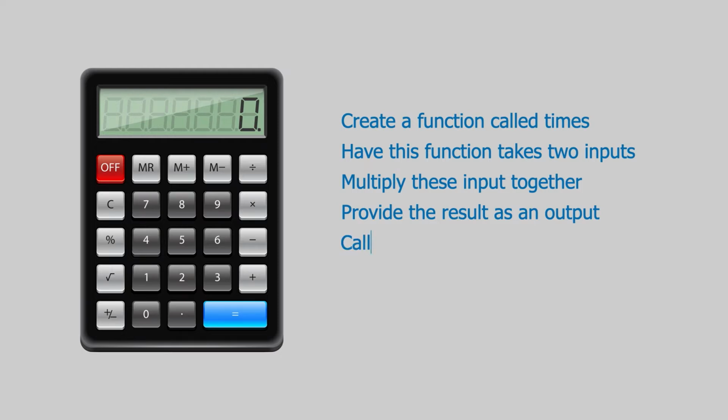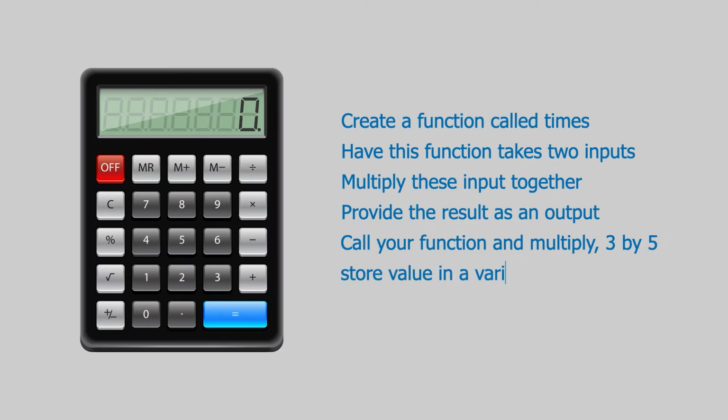So, call your function and multiply 3 by 5. Store this value in a variable called answer and print out the value of answer on the console. I will give you a few seconds to pause the video and give this a go. You ready? So here is the solution.